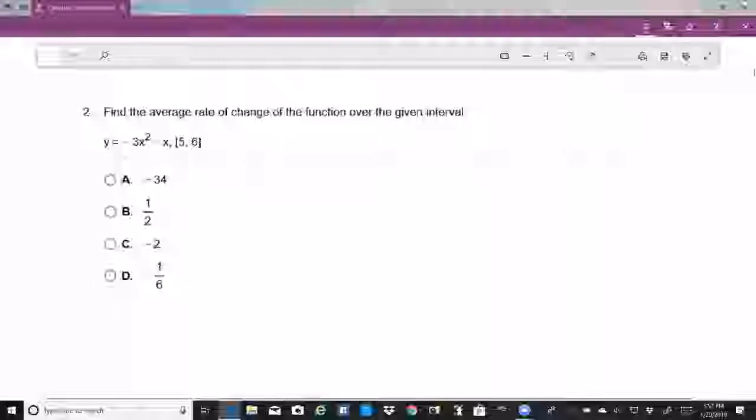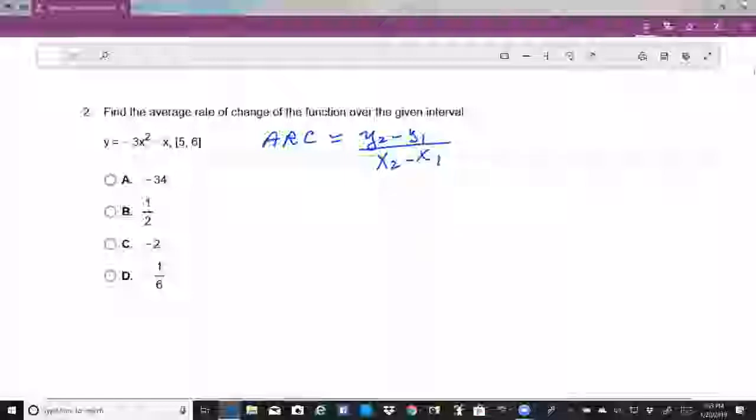Here we want to find the average rate of change of the function over the given interval. Here the interval is from 5 to 6. The average rate of change is equal to y2 minus y1 divided by x2 minus x1.